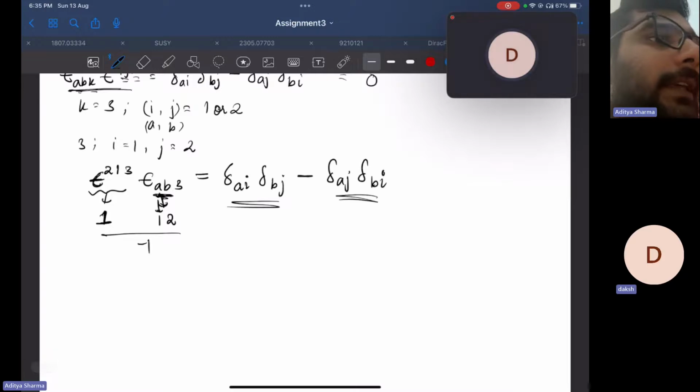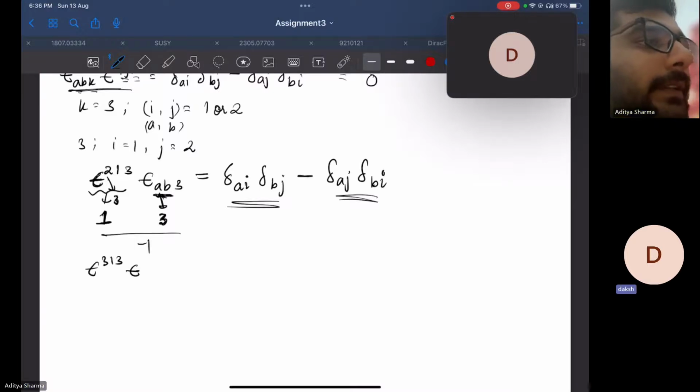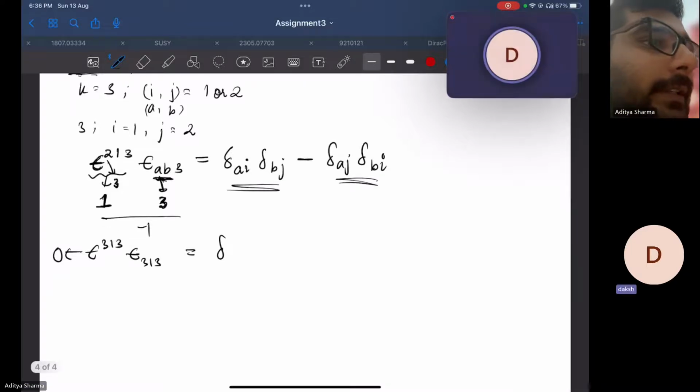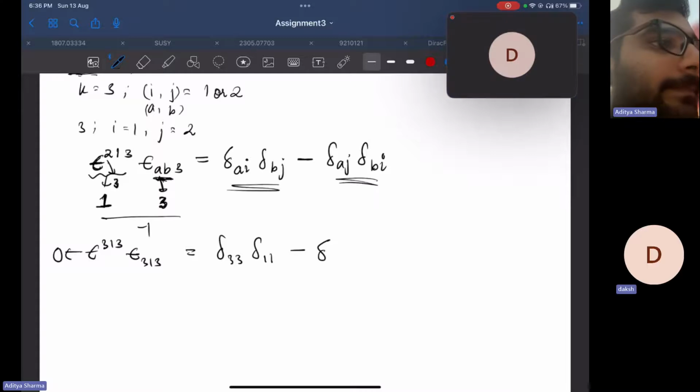Now let's take A is 3 and I is also 3. So our thing is like 3 1 3, 3 1 3. Then this part is 0. Now look at this part, B and J are also 1, 1. Delta A J is 3, 1.